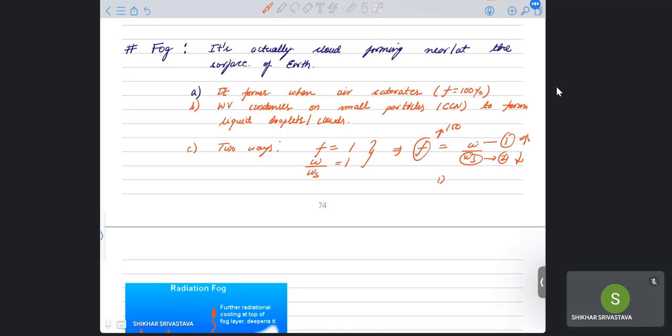So you increase water vapor and you get saturation, or you cool the parcel, you cool the air. These are the two ways through which you can make the relative humidity equal to 100% and form cloud.